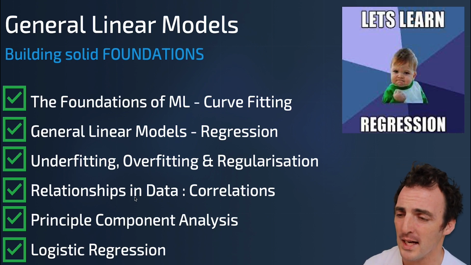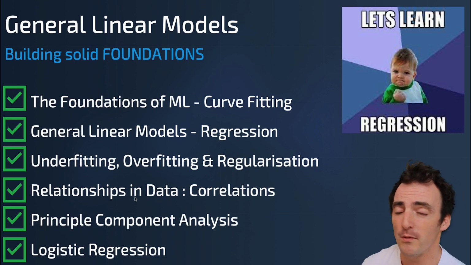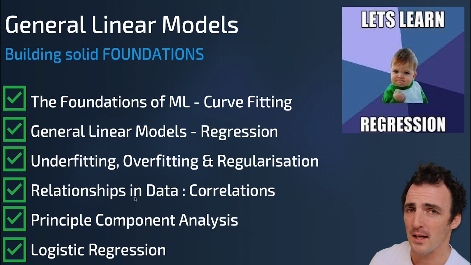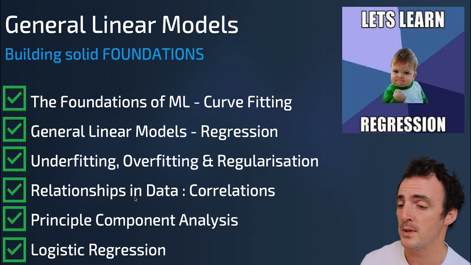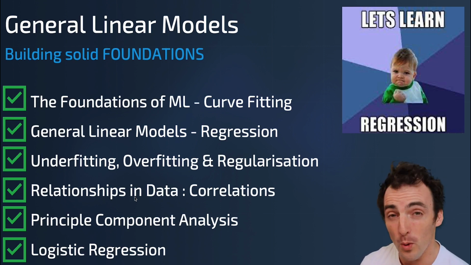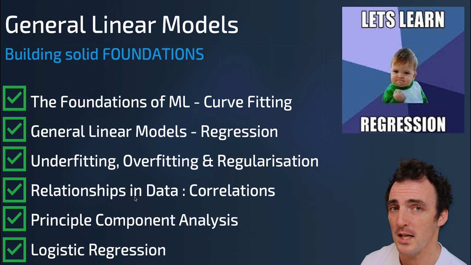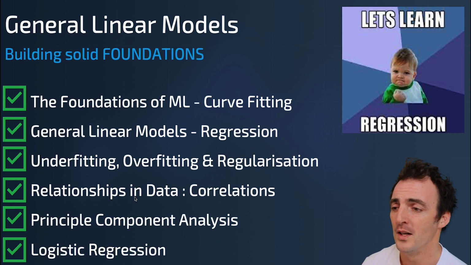Then we're going to talk about techniques that we can use to help prevent overfitting, in particular regularization. It's not that you need to implement it yourself. Most of the packages that I'm going to show will do it automatically, but there are some key choices that you have to make when you use it, and you need to know what it's doing under the hood, rather than how you do it, so that you can use those tools effectively.